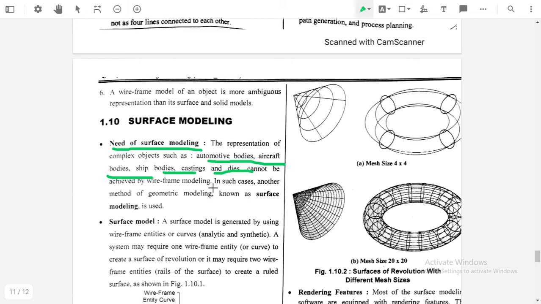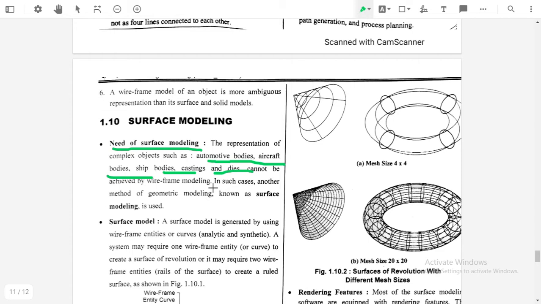So to overcome these limitations of wireframe modeling, the need for surface modeling was born, and we need to formulate a modeling technique that will overcome this need.